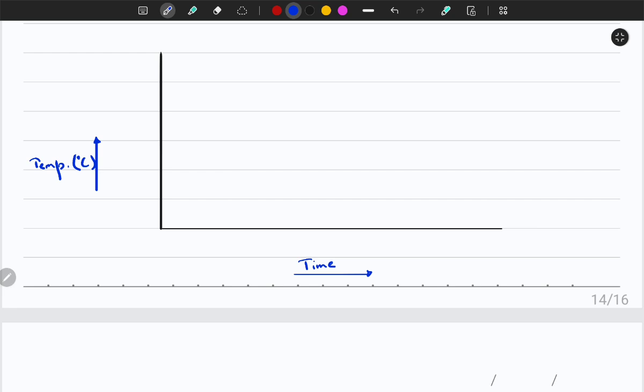Okay, so we have this: minus 25 degrees Celsius, that's 0, and then we have 25, 50, 75, 100 and 125, maybe above that, 150 and on, right? So that's the graph we are going to use.